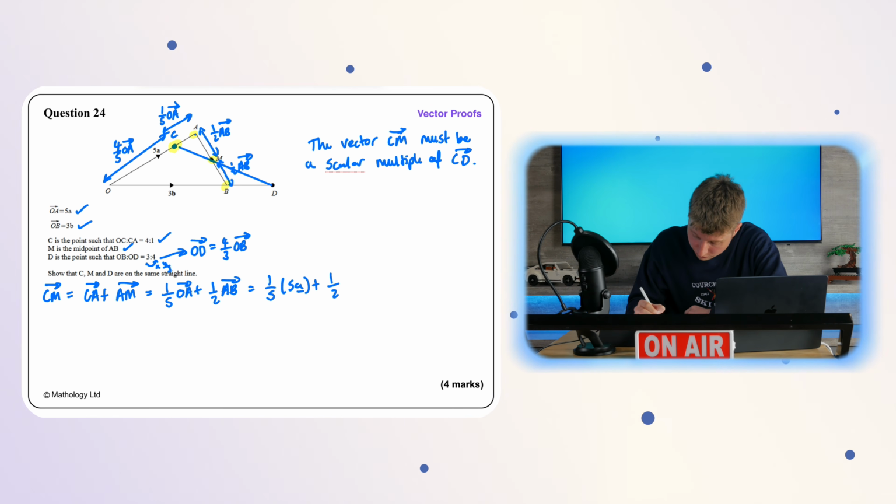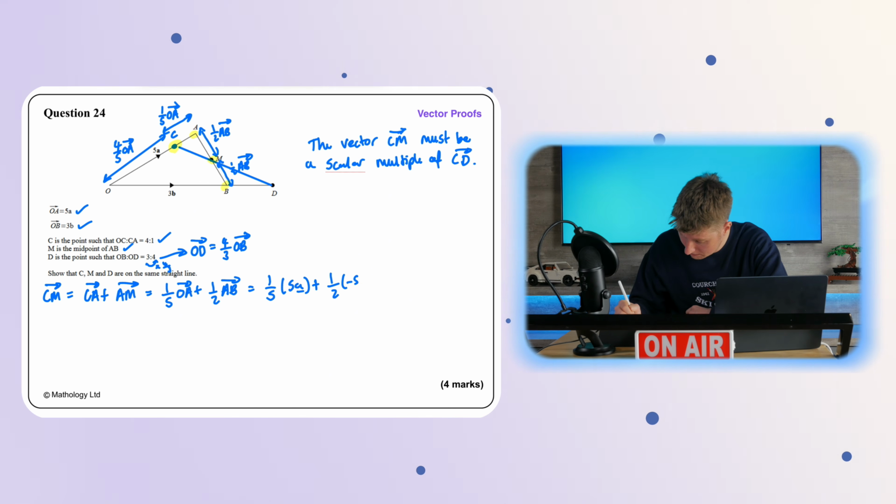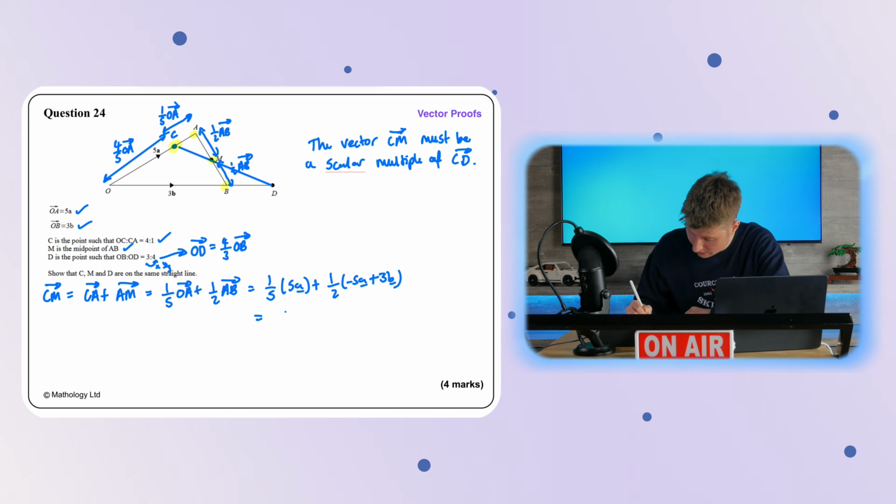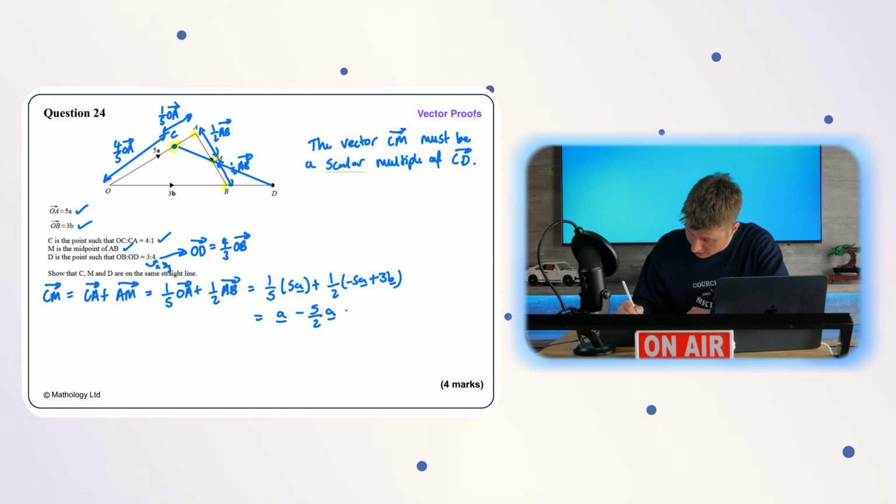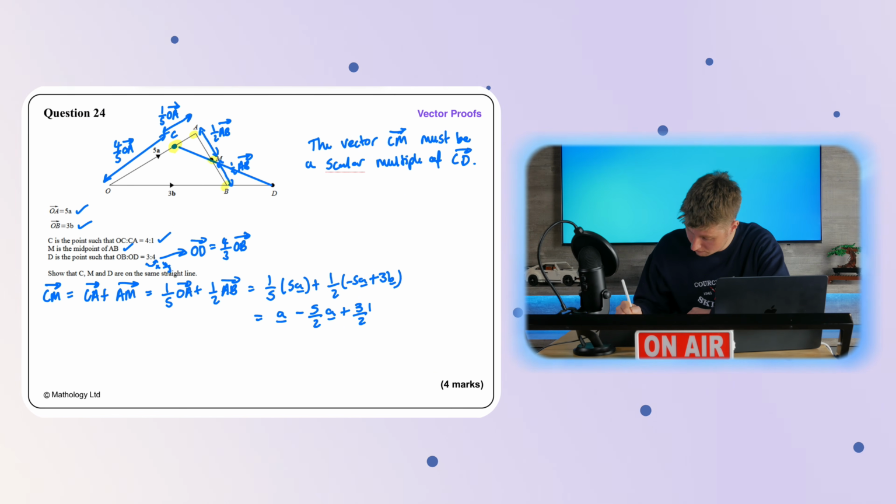So AB is from A to B, so minus 5A plus 3B. So 5A times 1/5 is just A, and then a half times minus 5A is minus 5 over 2A, and then a half times 3B is plus 3 over 2B.